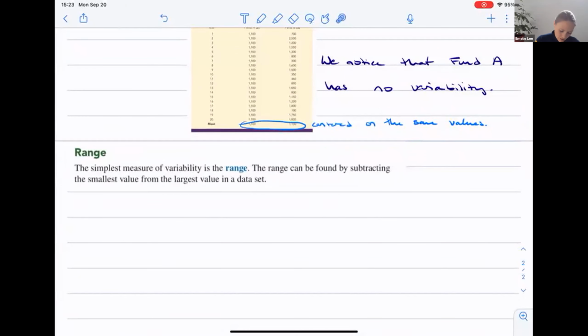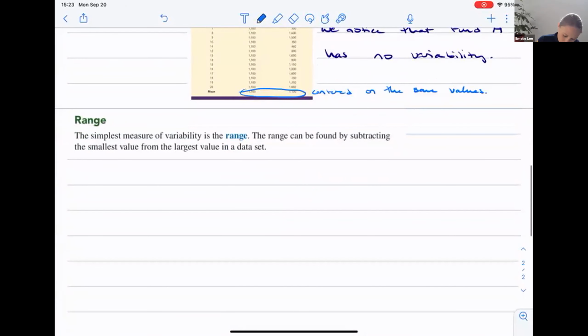The range in this case, which might be a little bit different depending on where you're coming from in math, but the range in this case is going to be the maximum minus the minimum.